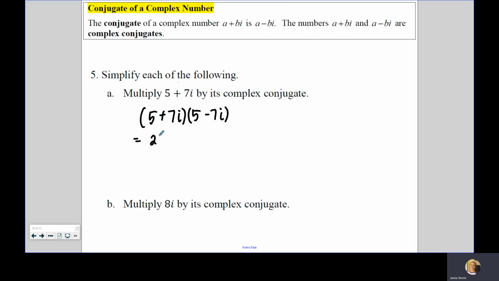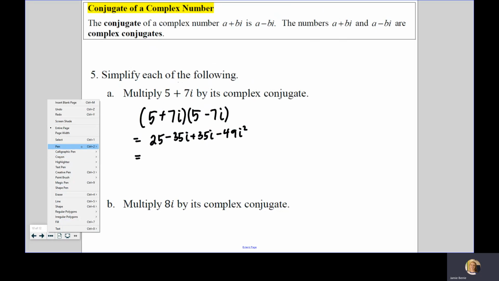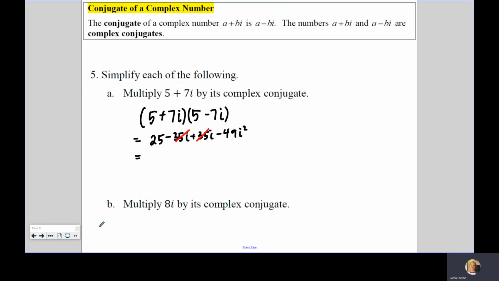5 times 5 is 25. 5 times negative 7i is negative 35i. 7i times 5 is positive 35i. 7i times negative 7i is negative 49i squared. All right, so go ahead and simplify, combine your like terms. Negative 35 plus 35 means that these are going to cancel in the middle.